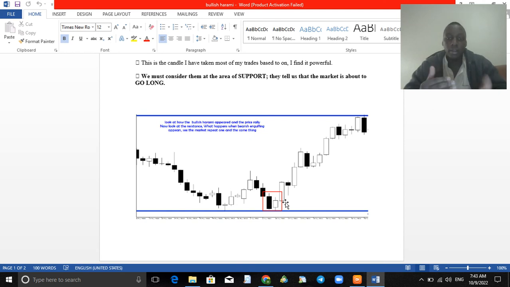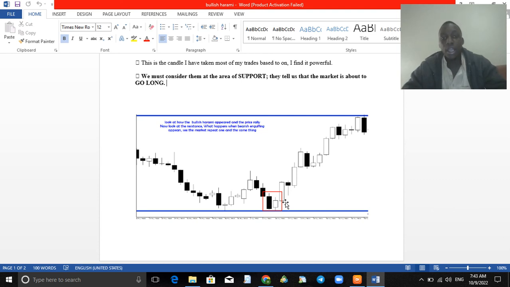Why? In most cases the market respects these candlestick patterns. Now what you have to do is sit down and master these candlestick patterns. Try to differentiate them from others. Don't find a way of colliding these candlestick patterns, because each candlestick pattern has its own reaction on which market key level it's found.